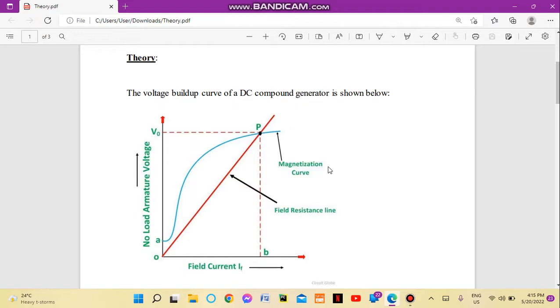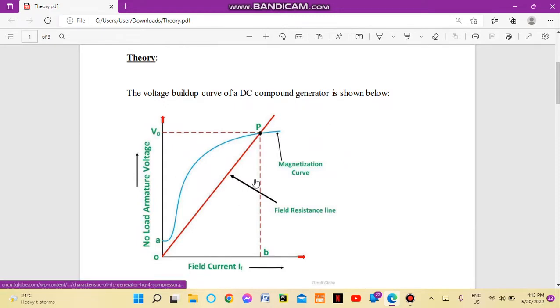So what is open circuit characteristics? Open circuit characteristics is a relationship between the field current and the armature voltage at no load condition of a DC compound generator.